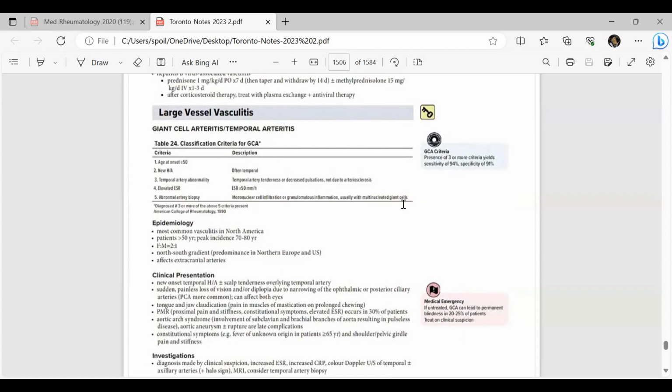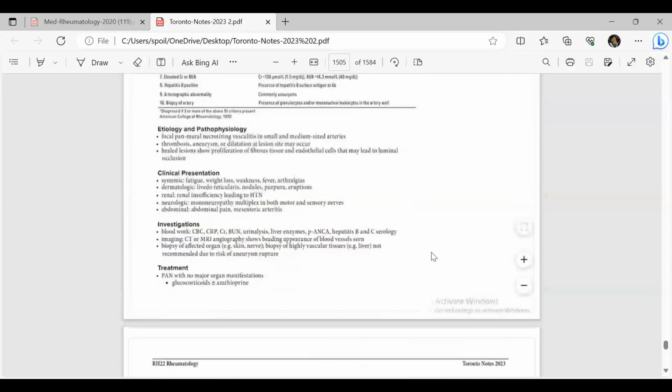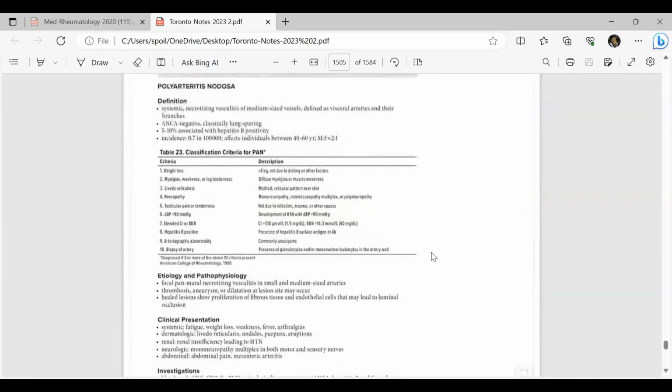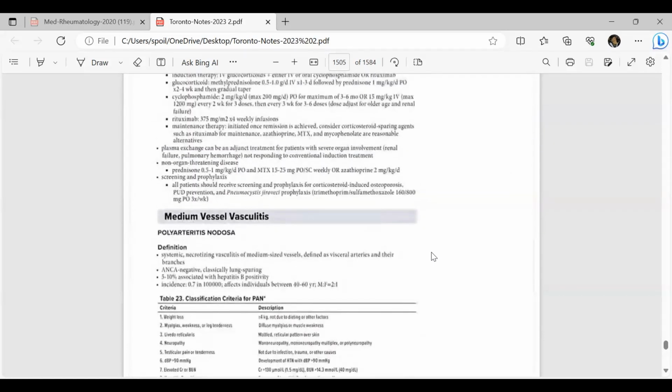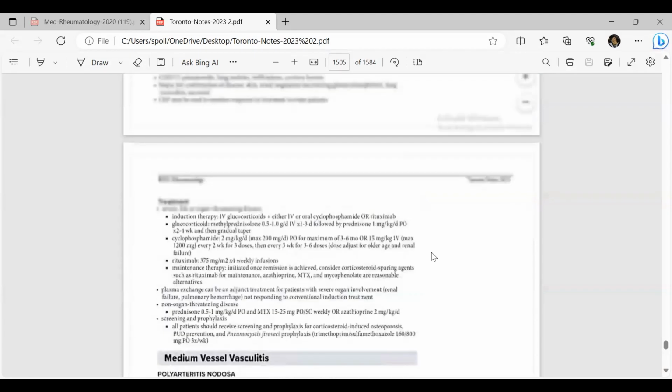We will see multinucleated giant cells on the biopsy. Above we just read on biopsy, there you were seeing some giant cells. Can anyone tell me what that was? Where were we seeing that? Anyone?